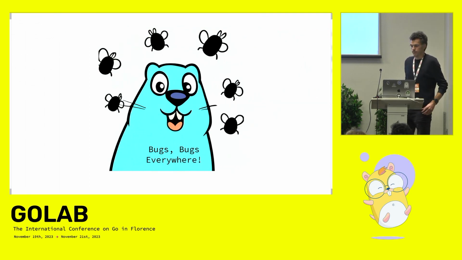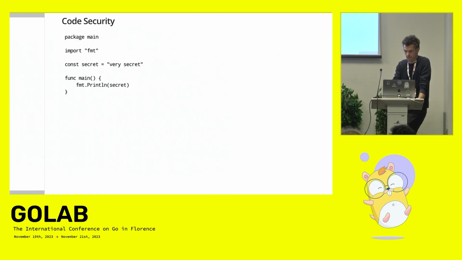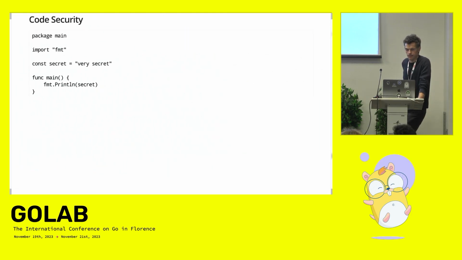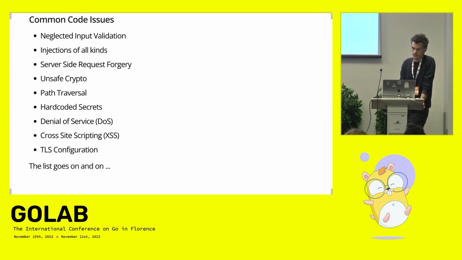So first area is code security. When we think about it, we think probably from a bugs perspective, from a security bugs perspective. There are a lot of application security issues which are typically found in any type of language, which are also present in Go.